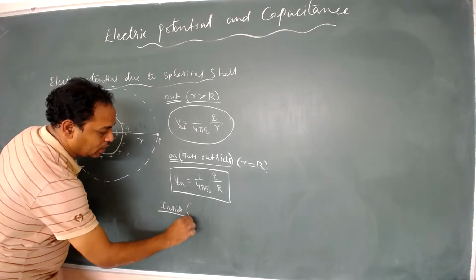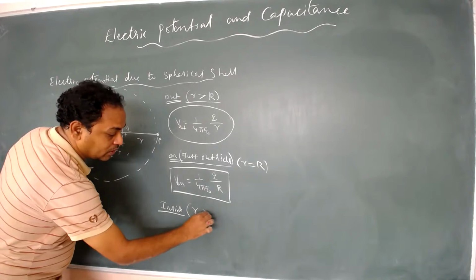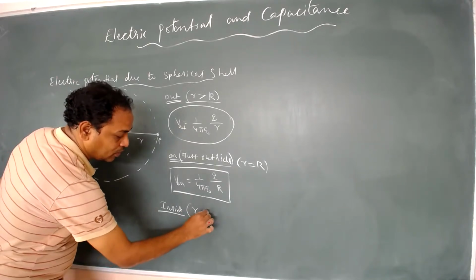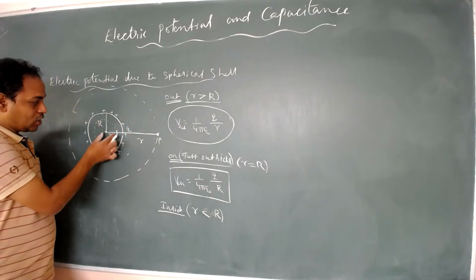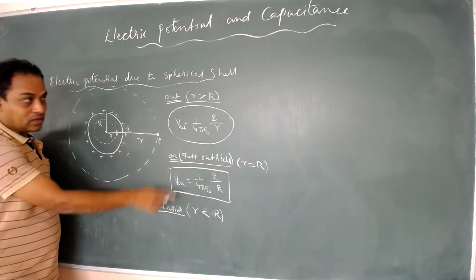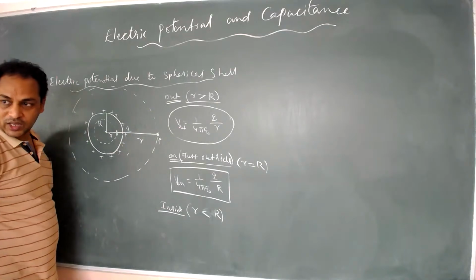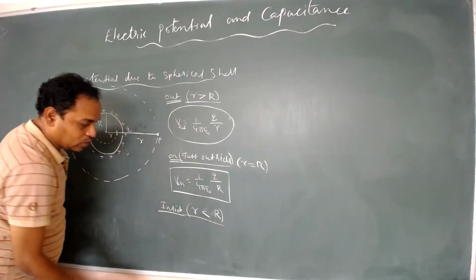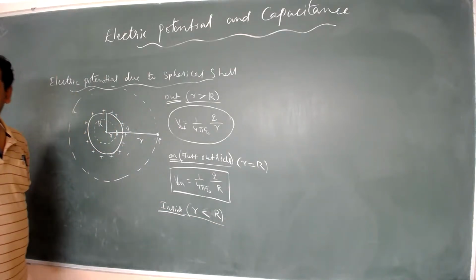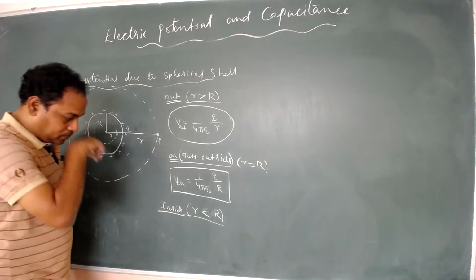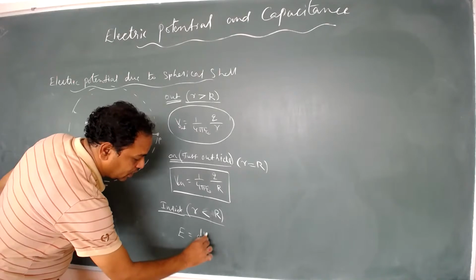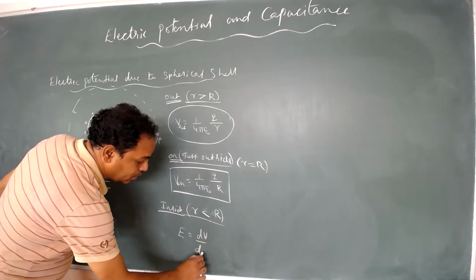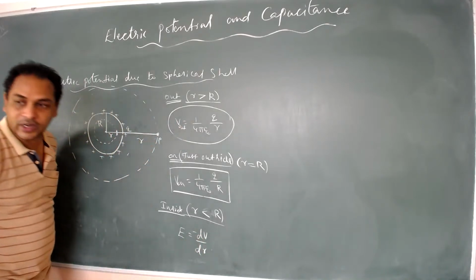So inside बोले तो यहाँ पर r is less than capital R होना पड़ेगा. यहाँ r छोटा है capital R से. इधर ये बड़ा है, इधर ये छोटा है कि नहीं, inside. So to calculate inside, एक formula आता है. What is that formula? Electric field E is equal to minus dV by dr, one formula.